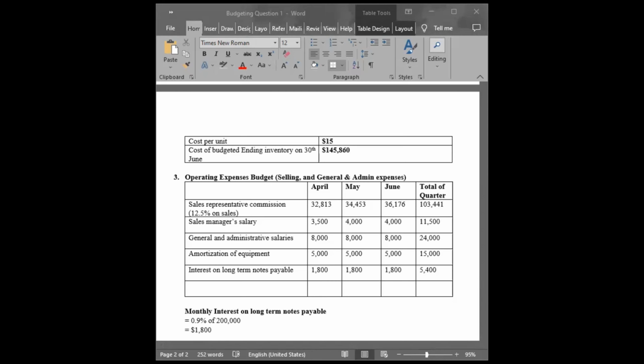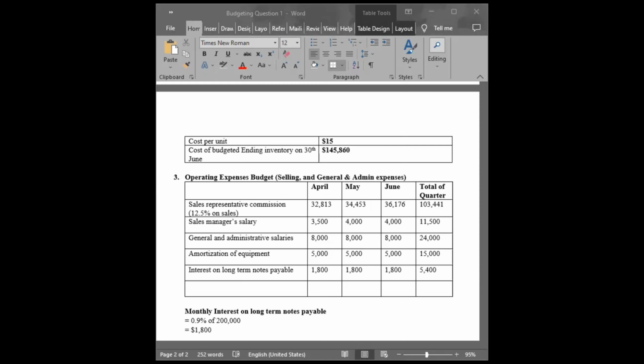In point G, there is no expenses value, and in point H, we don't have any expenses value. In point G, he is saying the minimum ending cash balance for all months is 50,000. He is saying the minimum balance of cash we need to maintain at the end of each month is 50,000.